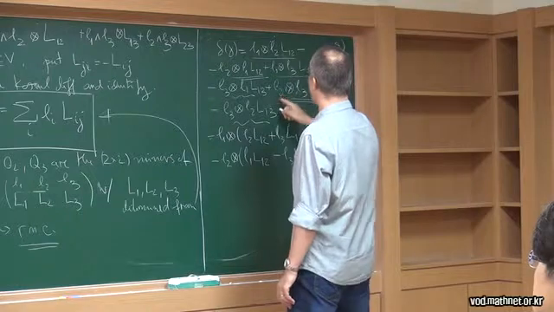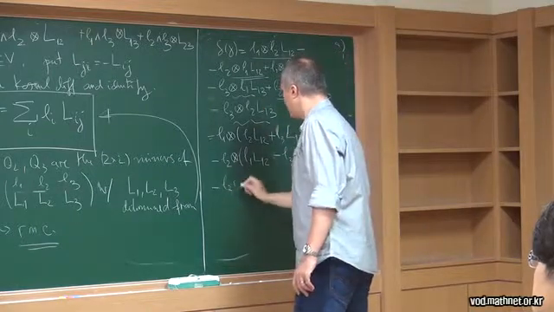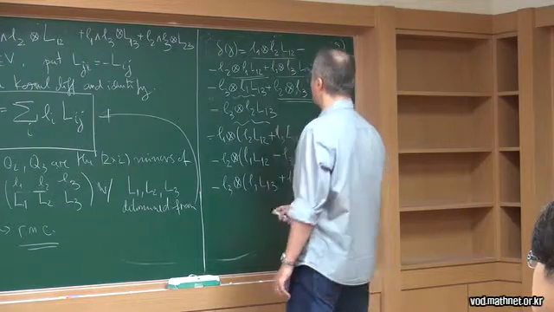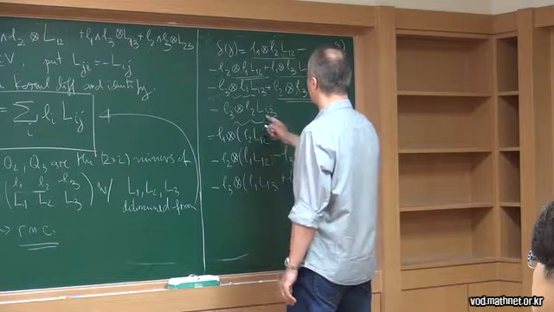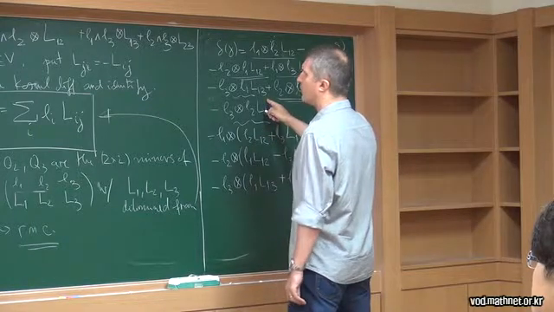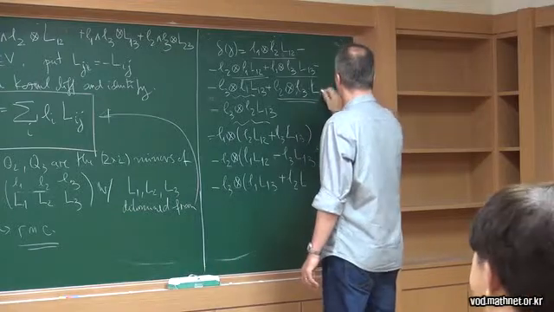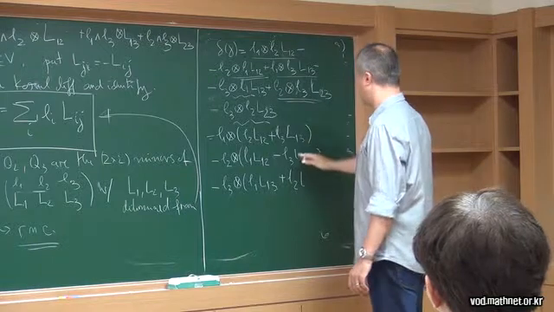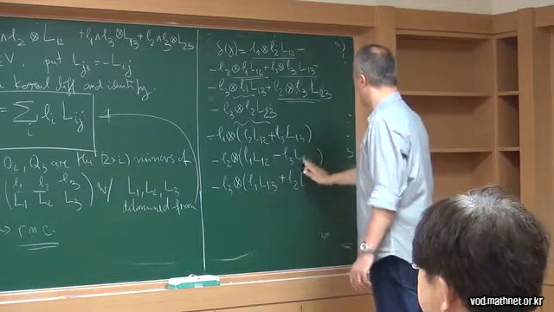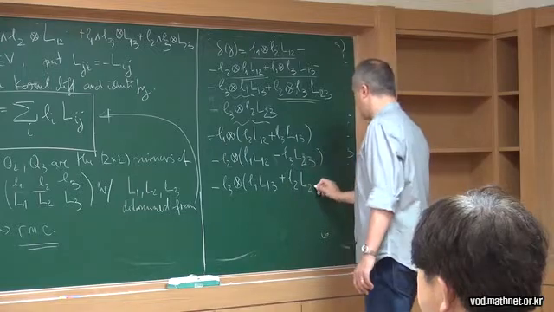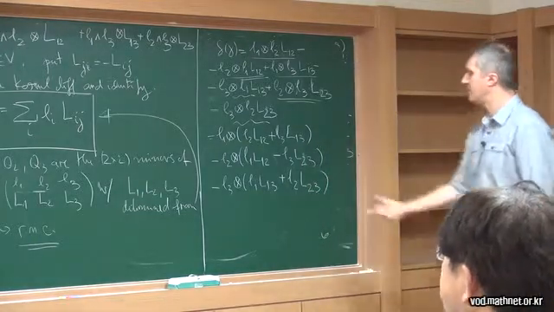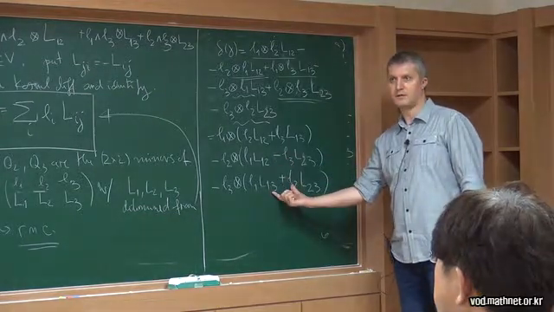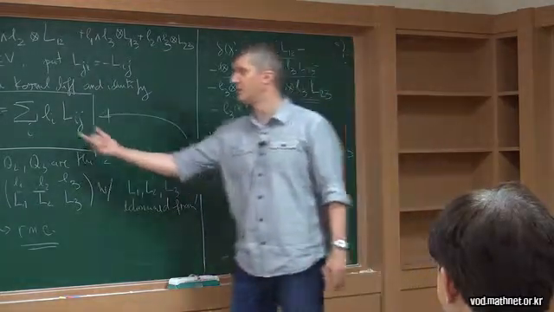Now for L3, minus L3 tensor L1 L13 plus L2. There is something wrong here. L13 L2, that should be L23, right? L23, sorry. So this is L23. Okay, so this must be Q1, this is Q2, and this is Q3. So that's why I wrote this here.